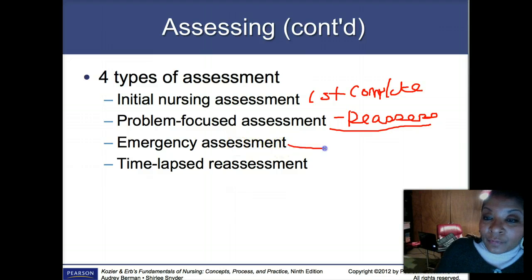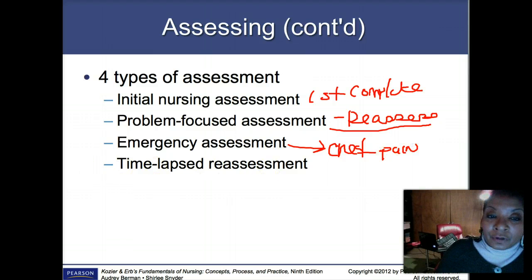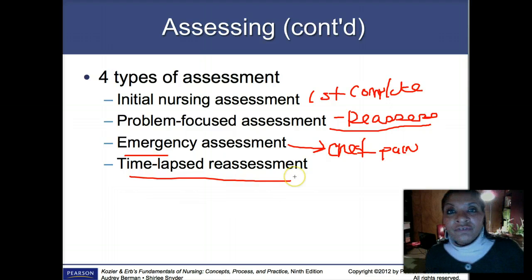You could have an emergency assessment if a patient has a changing condition, like chest pain, or if they look like they're having signs of a stroke. Then you might have a time-lapse assessment where your patient's coming in for various tests.